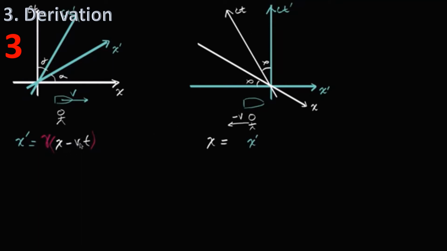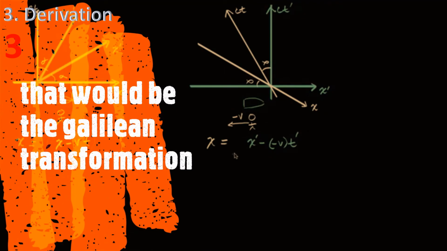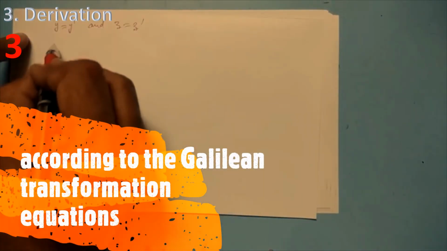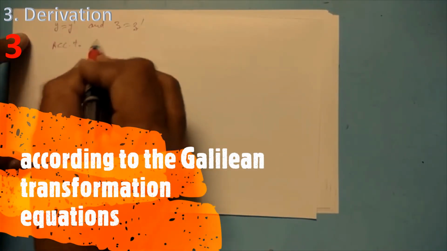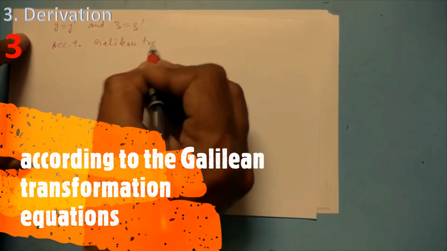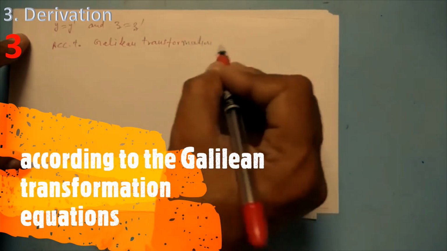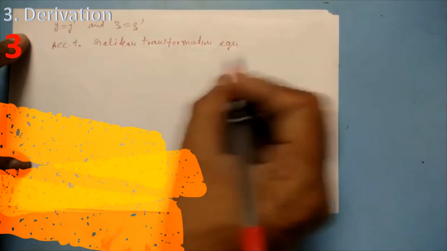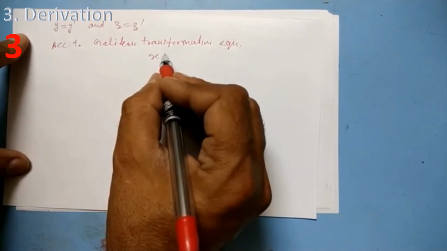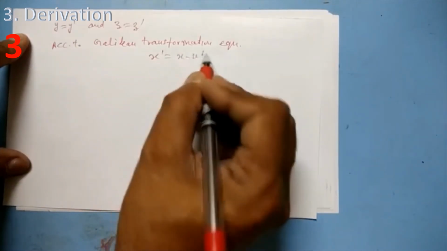So if you subtract a negative v, in fact let me just write it that way, x minus negative v times t prime, that would be the Galilean transformation. And according to the Galilean transformation equation, x dash is equal to x minus vt.